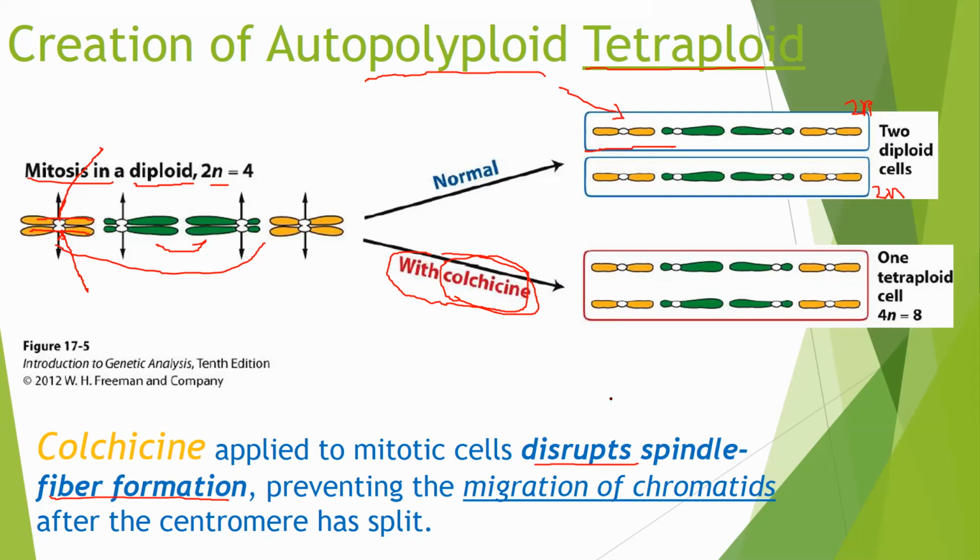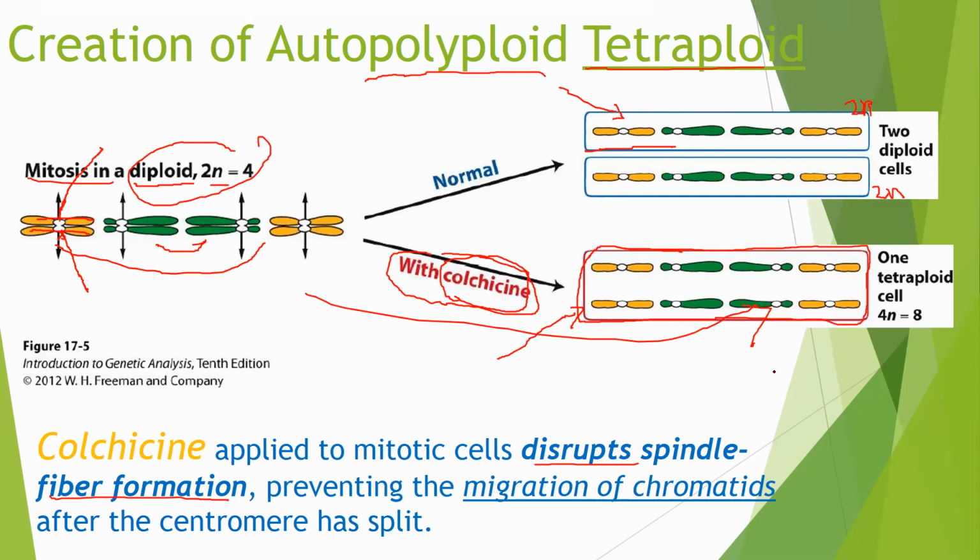They will stay in the same cell. The result is that the cell will have a doubled number of chromosomes. In this way, we can produce a tetraploid from a diploid like this.